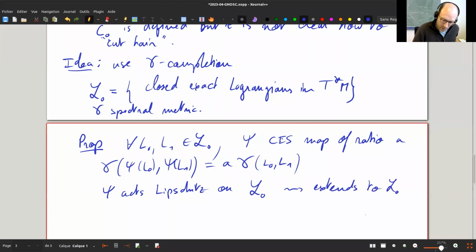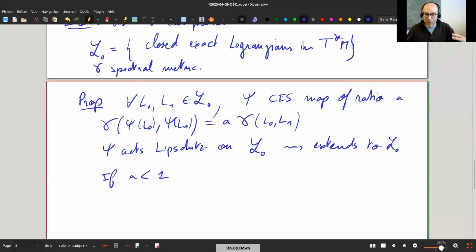And furthermore, if we assume that A is less than 1, then it's really a contraction that we have on this space. And so there will be a fixed point. Maybe I should state what we get. For the first part, all you need to know is the Banach fixed point theorem.